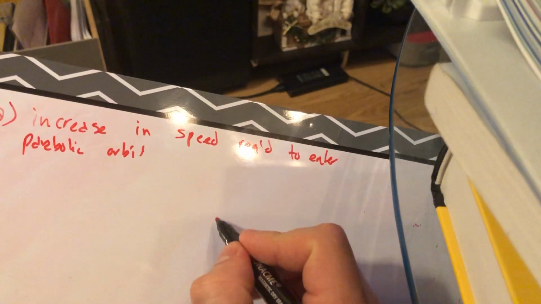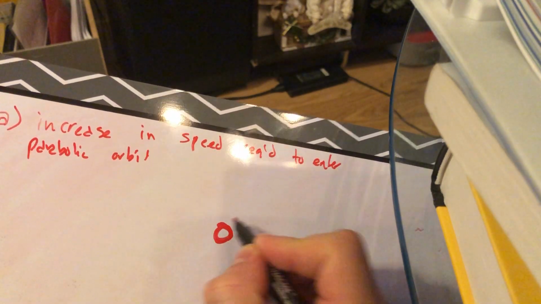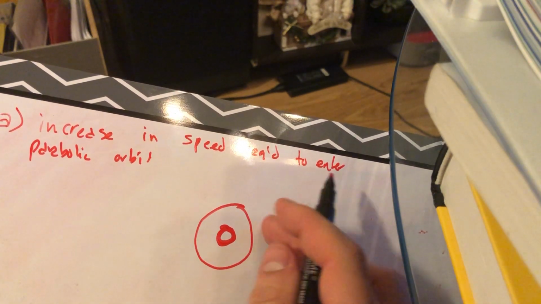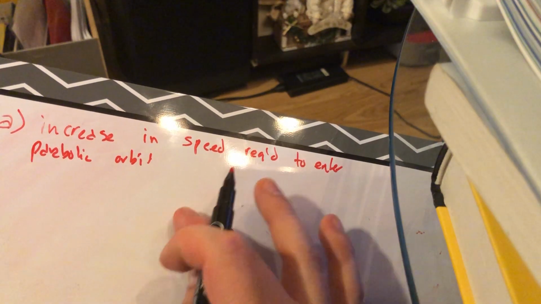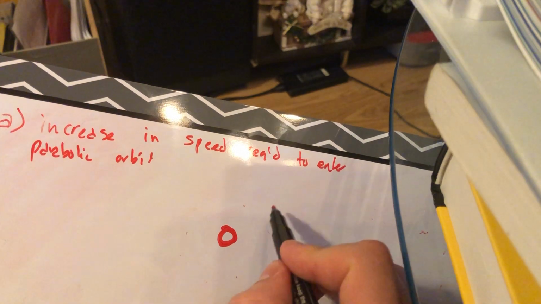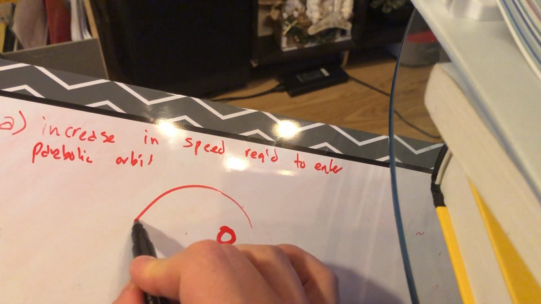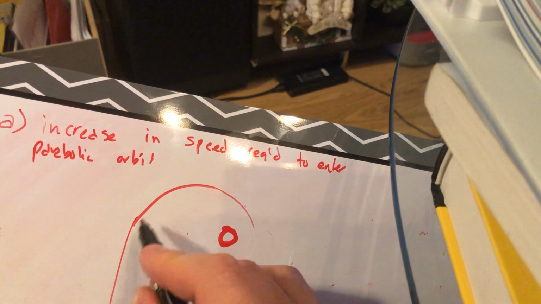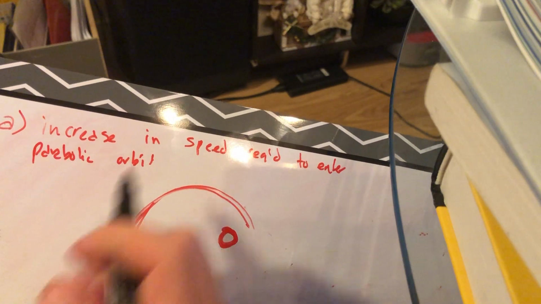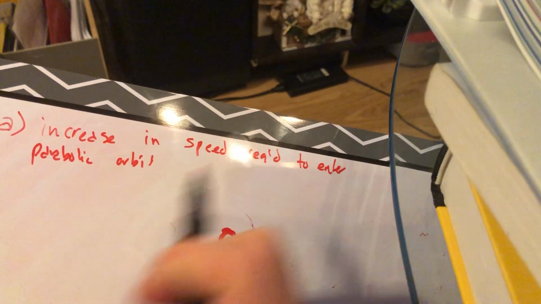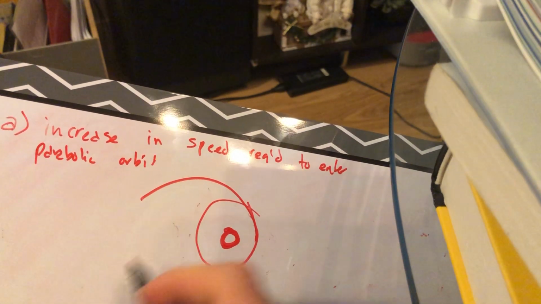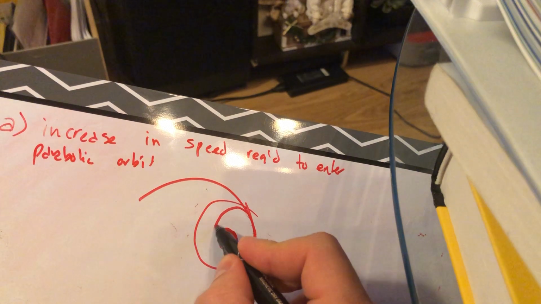Well, got a little Earth guy. If we go perfectly around it, we're in circular orbit, right? If we go like this, we're in a parabolic orbit. If we go too far out, we escape. If we slow down, we drop back in.